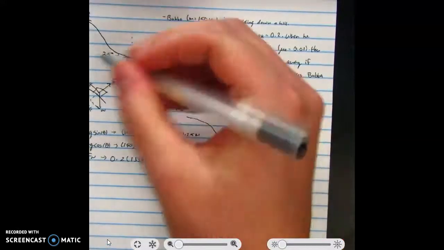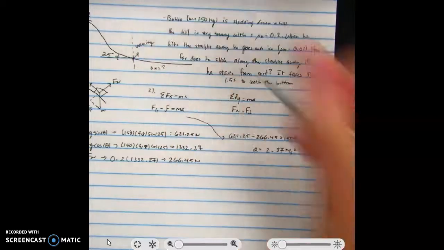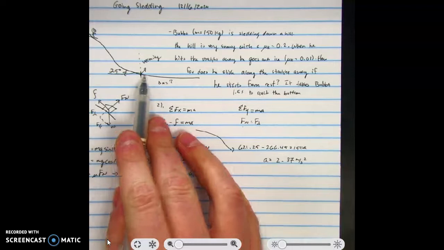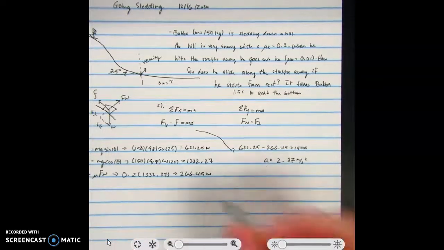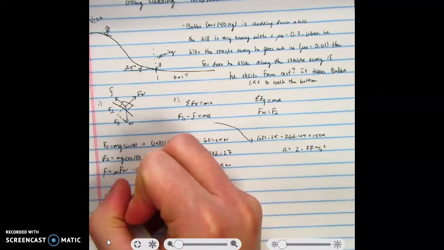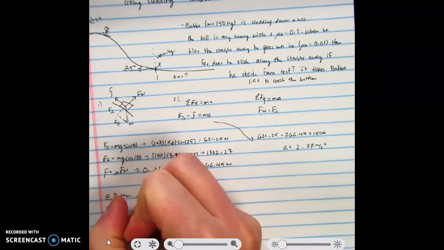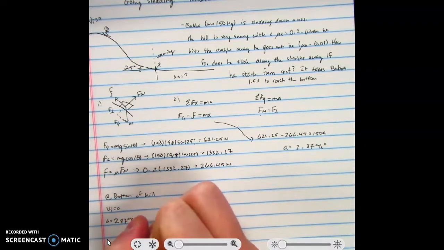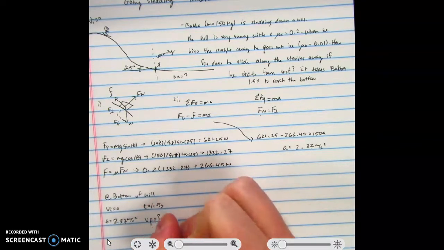What I want to do is figure out the velocity at this point, so I know how fast he starts his motion across the horizontal. Now it's just a kinematic equation. At the bottom of the hill, V initial is 0, A is 2.37 meters per second squared, T is 1.5 seconds, and V final is my question mark.